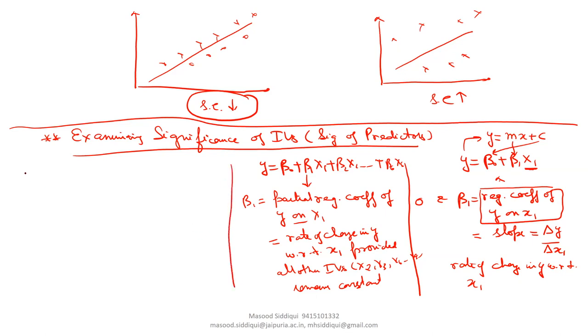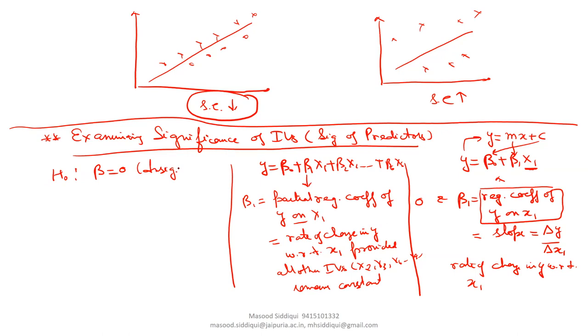Now, as we have discussed, if beta is 0, we check the significance of the independent variable, or the significance of beta, by proposing the hypothesis H naught: beta equals 0. Beta equals 0 means an insignificant partial regression coefficient.